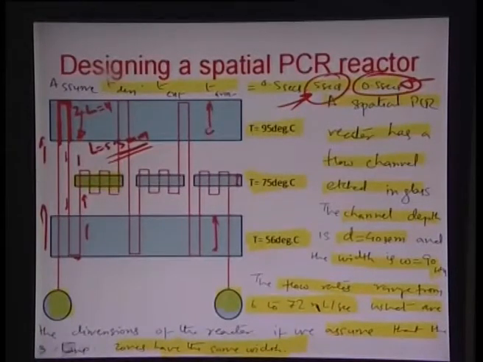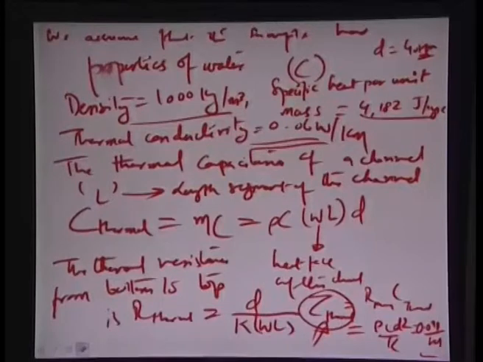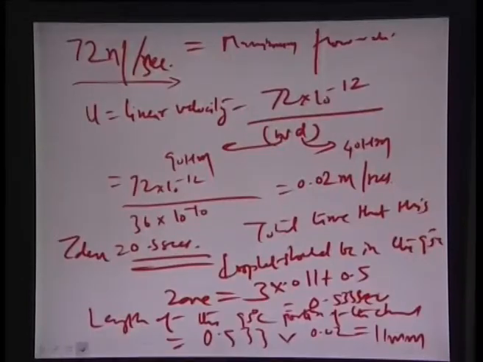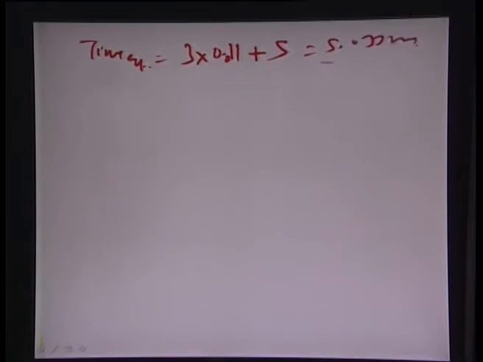Okay, so let us look at how much velocity will be able to, or how much length will be able to cover in the extension zone. So the time needed for the extension to happen is essentially 3 times 0.1101 seconds plus 5 seconds, so 5.033 seconds.